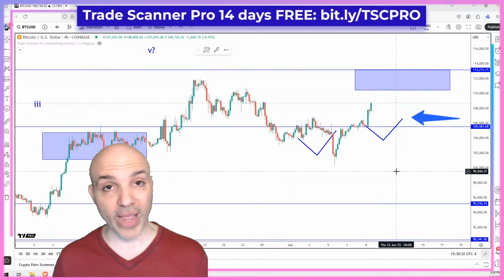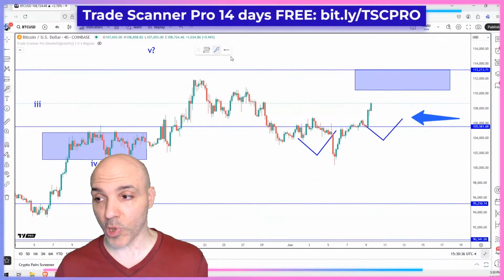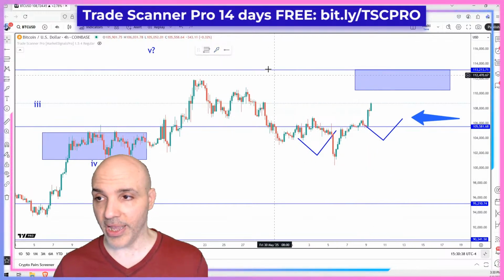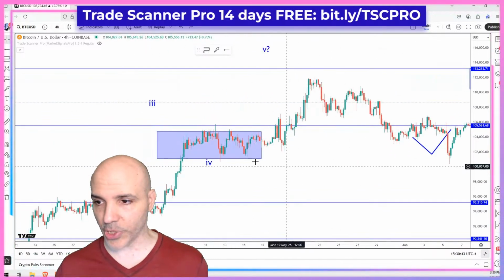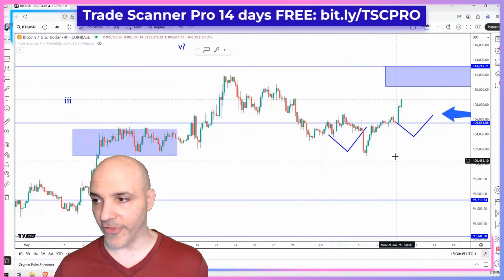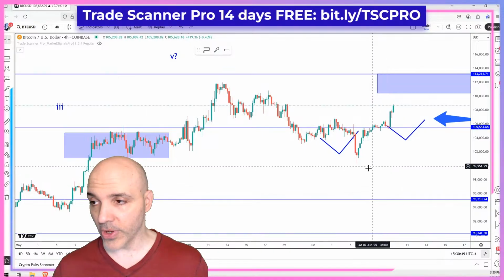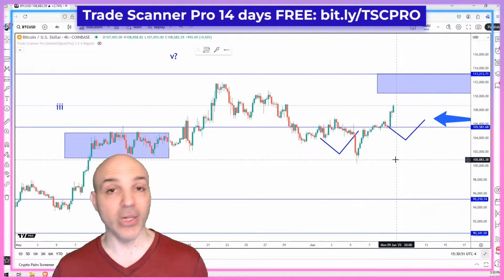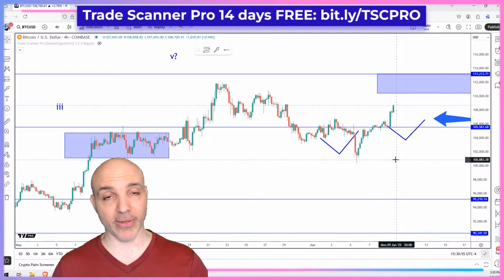But if you know the wave counts or have some idea of the wave counts, for example, if this is our wave 4, right? So if this consolidation that I have here labeled as wave 4 is wave 4, and we're in the fifth wave, once you count 5 waves here, that's it. You don't want to buy the pullback after that.